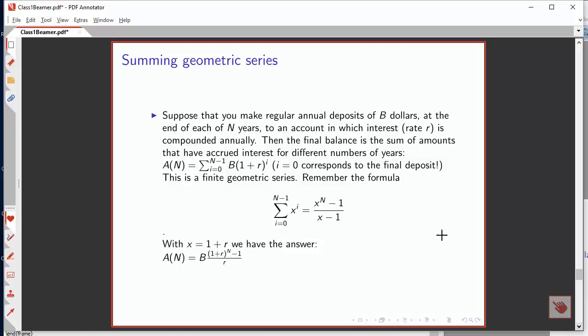Okay, in our case, x is equal to 1 plus r, and here is our very useful answer. If you are collecting interest compounded annually and you make a deposit of amount B for each of n years, the final balance in the account is B multiplied by 1 plus r to the nth minus 1 divided by r.